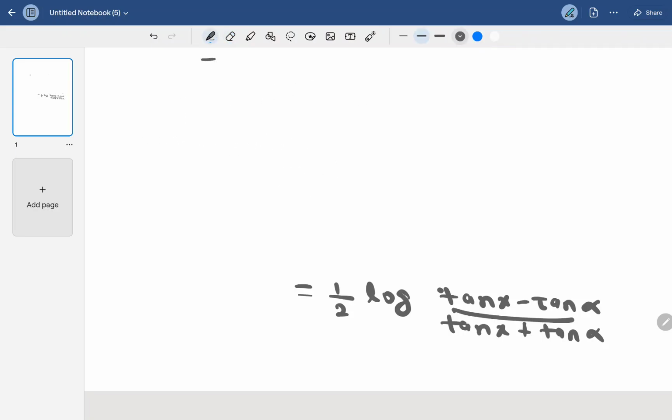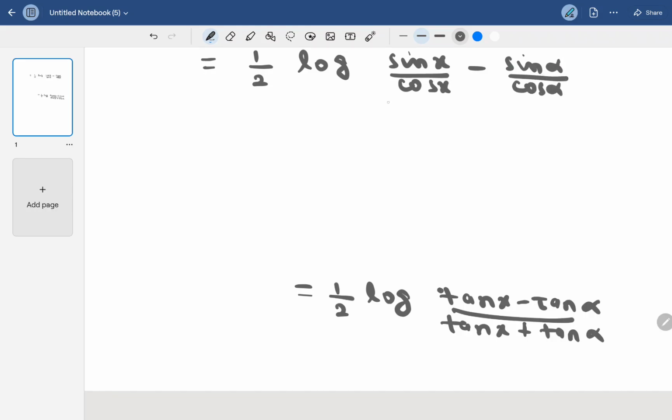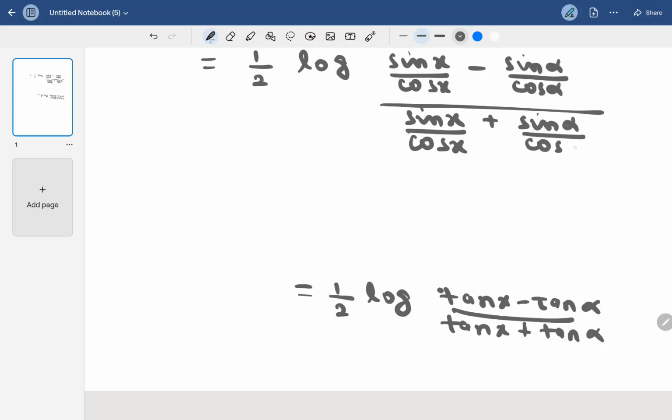This is equivalent to 1 by 2 log, tan x means sin x by cos x, tan alpha means sin alpha by cos alpha, divided by sin x by cos x plus sin alpha by cos alpha. Cross multiplying.